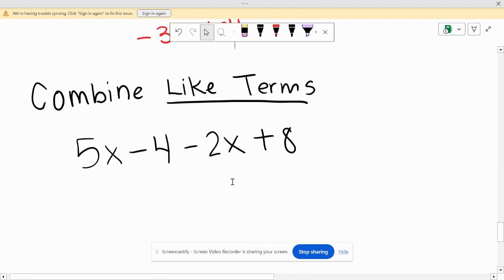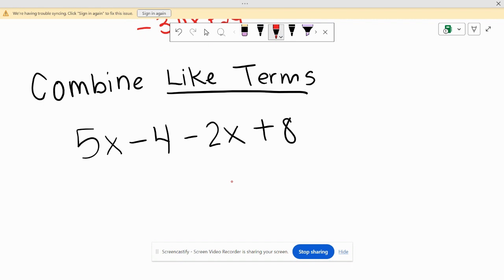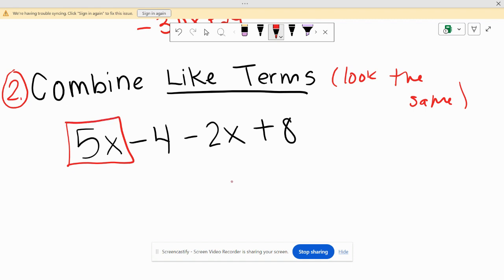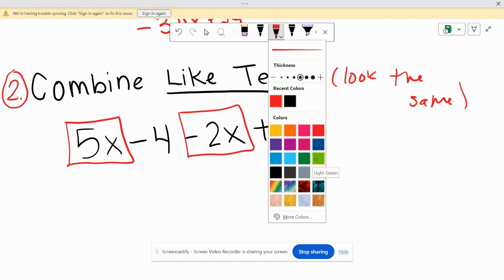The second way that we looked at simplifying expressions is by combining like terms. And remember that like terms mean that they look the same. So here we have our like terms. We've got a number with a variable and a number with a variable, so we could put those together. And then we've got another one here. We'll use a different color.